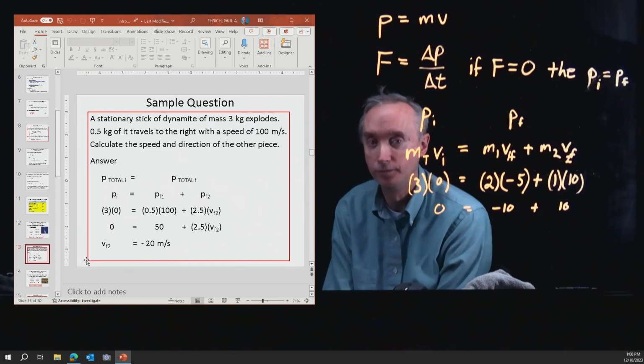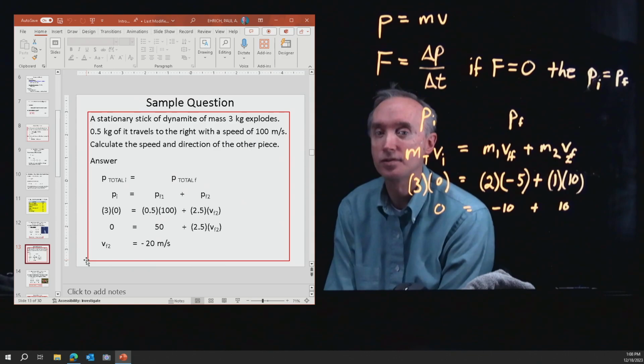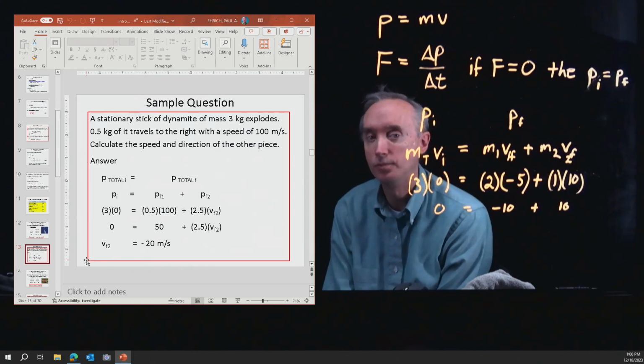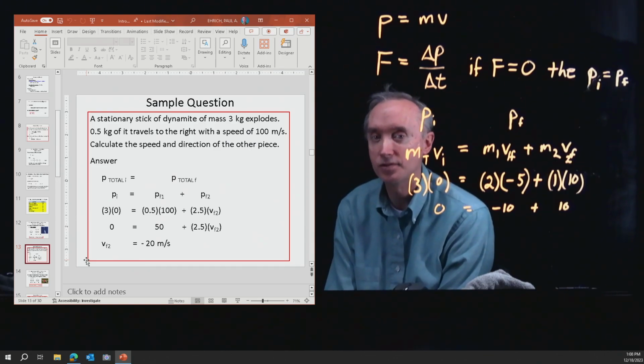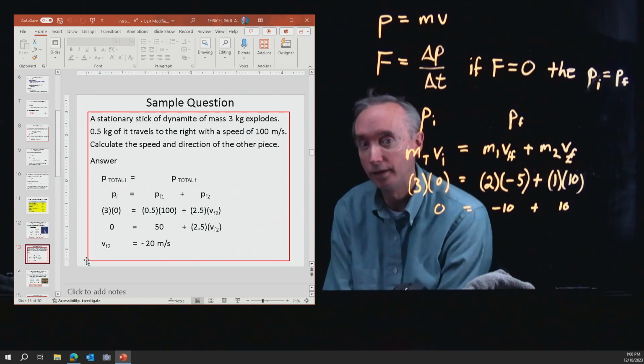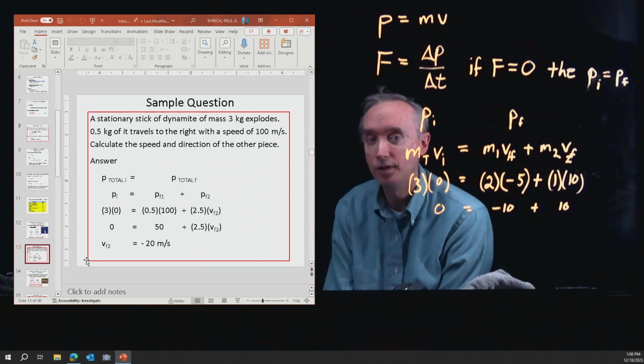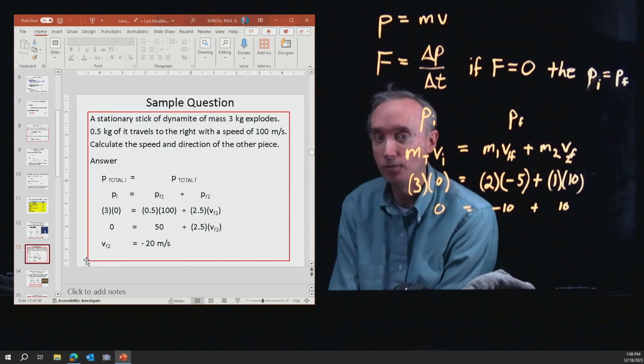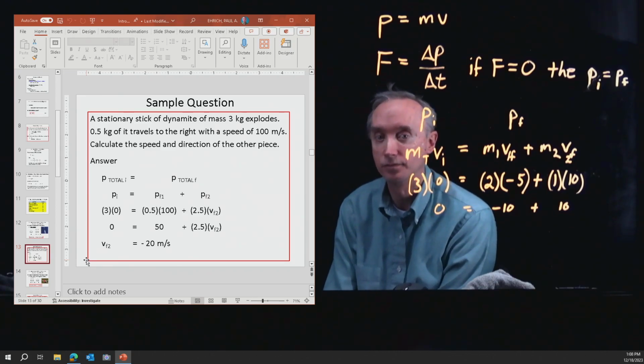And then the other piece, how do we know that it's 2.5? So the mass of the other piece is 2.5. That's because we started with 3, and then 0.5 of it went one way. So that must mean that 3 minus 0.5 is 2.5, which is going in the opposite direction. Now we don't know what its speed is.